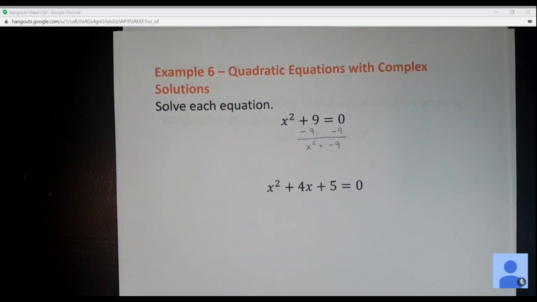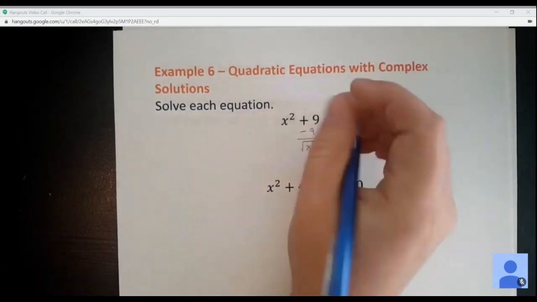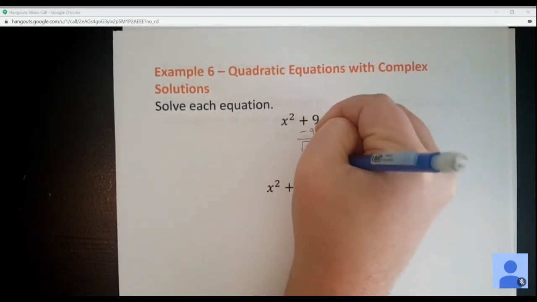Now, to get x by itself, what are we going to have to do? Square root, right? Okay, so we want to take the square root of both sides.